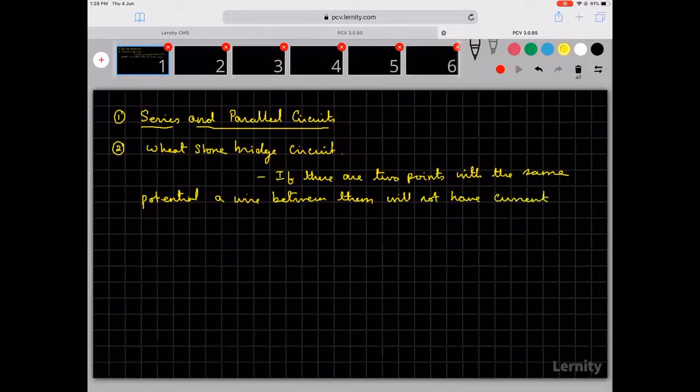Why will it not have any current? Because current moves only from high potential to low potential.